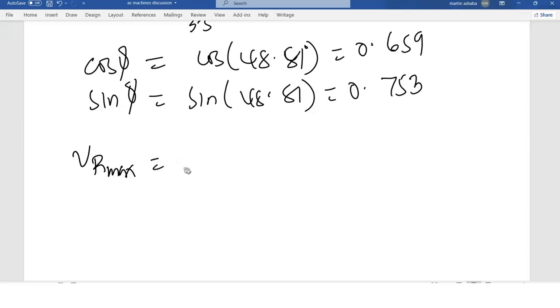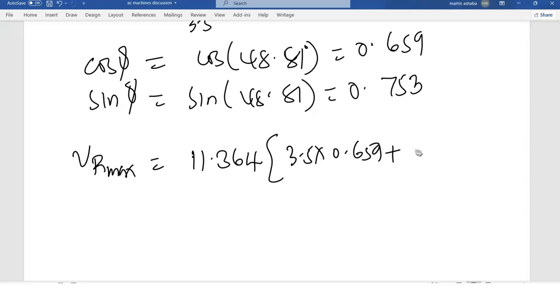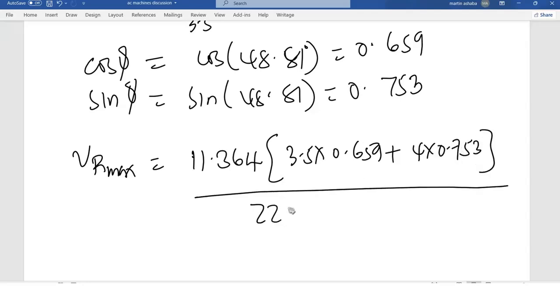The maximum voltage regulation is going to be, taking the full load current, 11.364 times 3.5 times 0.659 plus 4 times 0.753. We divide everything by 2200 volts times 100%.